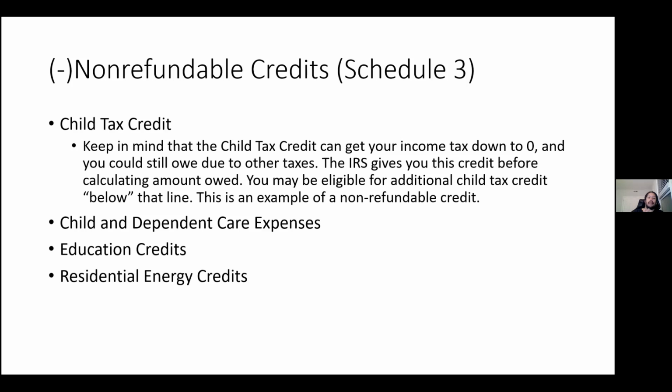There's a non-refundable portion of the child tax credit and a refundable portion. I'll get into the refundable portion later. But for the non-refundable portion, for instance, say I have one child. One child under 6 will yield you $3,600, and that's up from $2,000 last year. Let's say my income tax assessed number was $3,500, and I have one child, so that credit is $3,600.